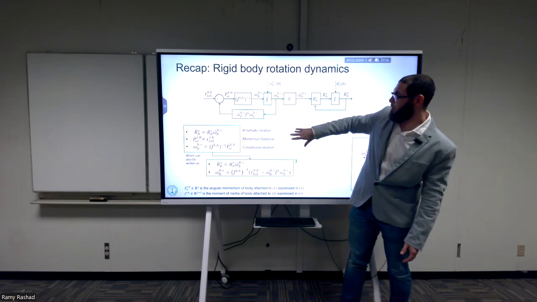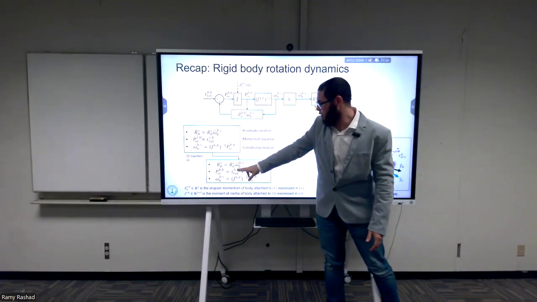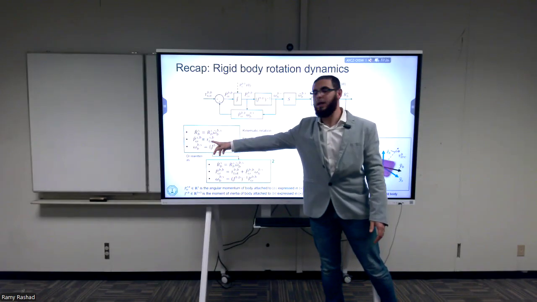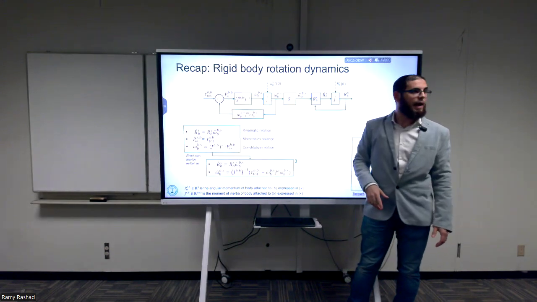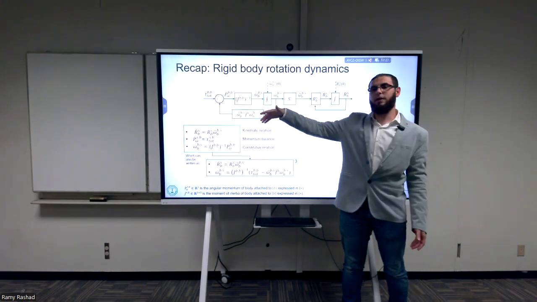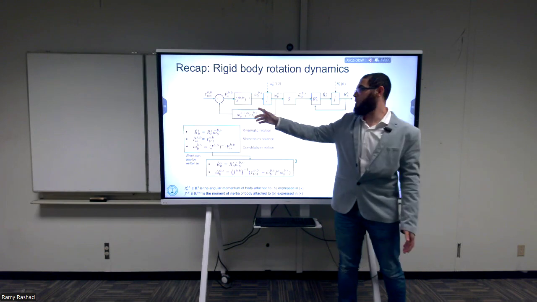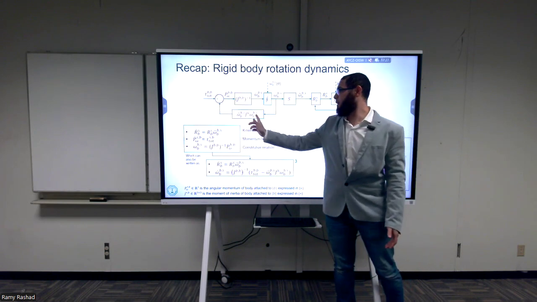There's even a third form, where we can use this equation and completely eliminate the momentum simply by writing it like this. And what we just did is that all the equations in terms of the momentum, I wrote them in terms of J omega.